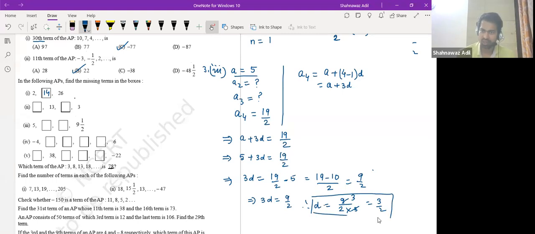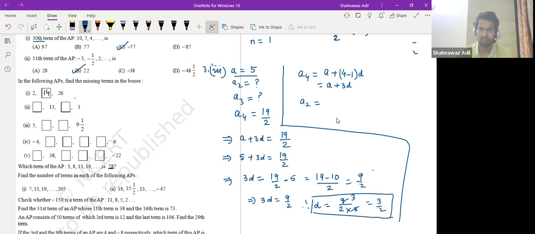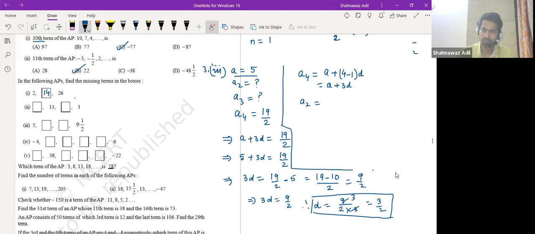So now we have calculated D. Then we can calculate any of the terms, right? So A2 would be how much? A plus n minus 1 into D. So A plus, n is how much? 2.